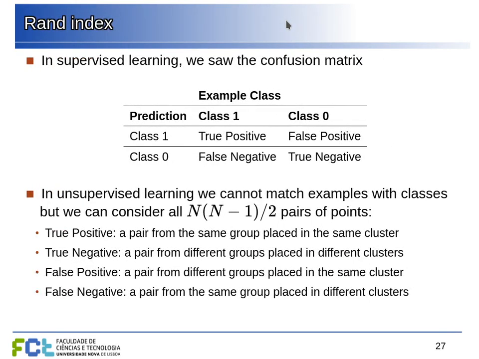So remember that in supervised learning, we had this idea of the confusion matrix, where we have a comparison between the predicted class and the actual class of the examples. If the example is class 1 and we predict class 1, this is a true positive. If the example is class 1 and we predict class 0, then we have a false negative.